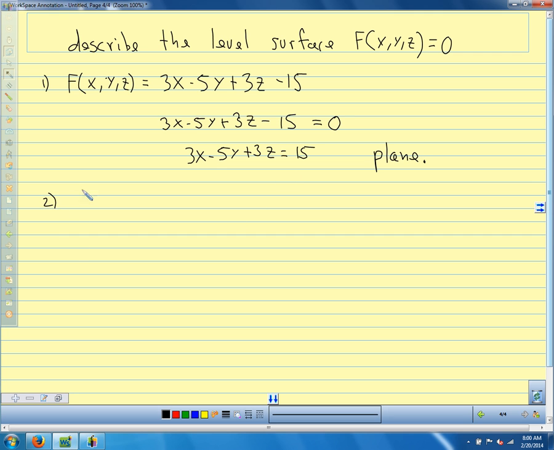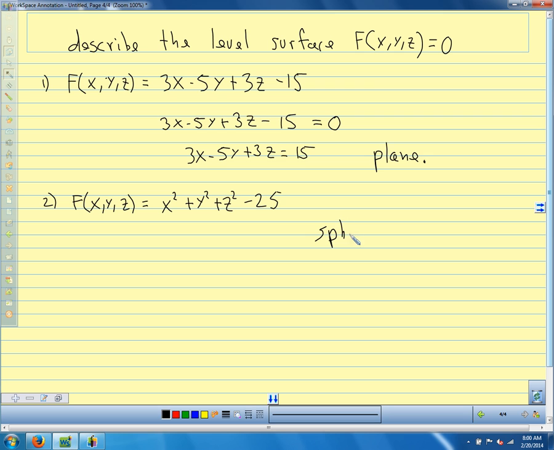All right. Next one, f of x, y, z equals x squared plus y squared plus z squared minus 25. And we're looking at the level surface f of x, y, z equals 0. So this is a sphere.